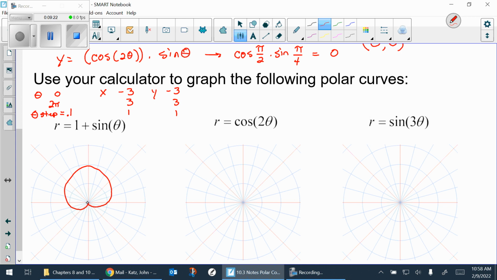Now, one thing I'm going to encourage you to do, and this is difficult to tell you without showing you the calculator, but it does say R1 when you're putting this in, and you're going to say equals cosine 2 theta. But I would like you to use your left arrow to arrow over to the left of R1, to this symbol right here.